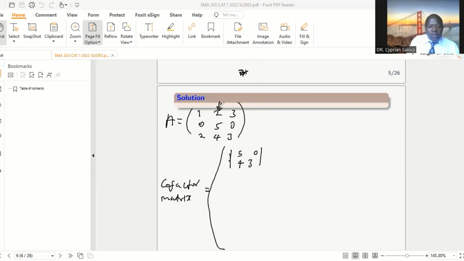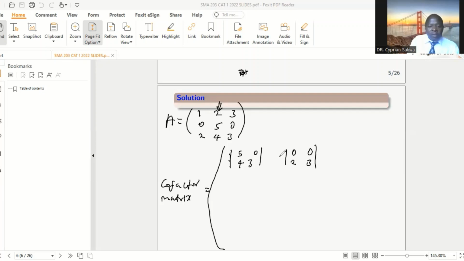I'm at 2. The minor of 2, delete the row and the column of 2. The matrix that remains, when I delete the row and the column of 2, is 0, 0 and 2, 3. This determinant is the minor.